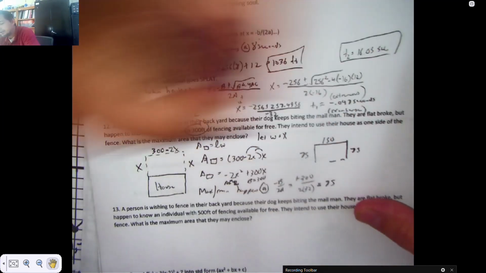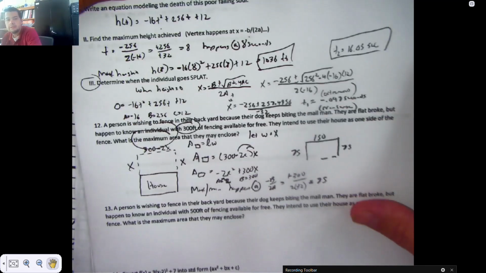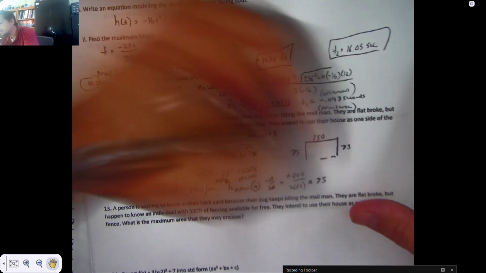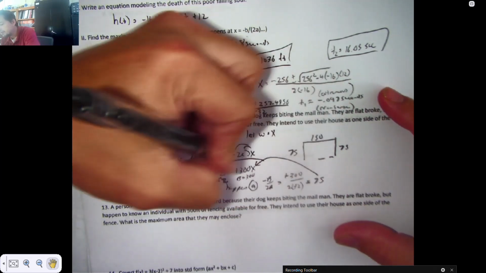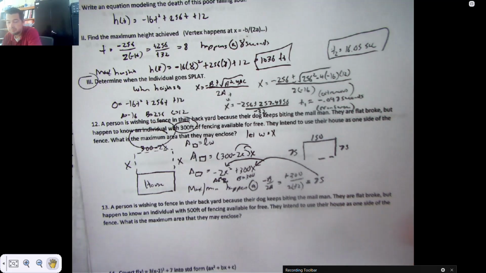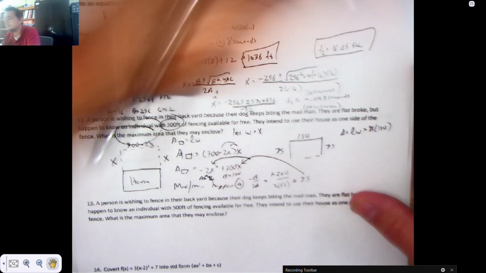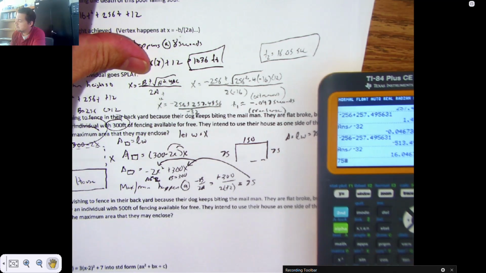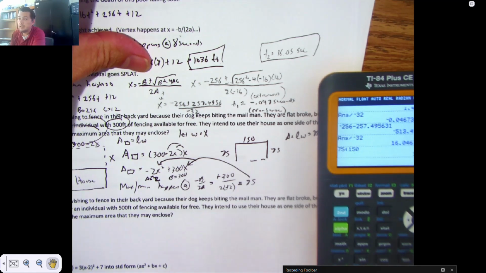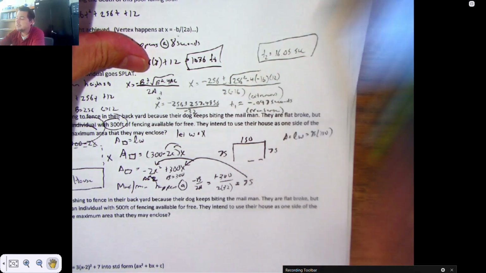Now, I want to know what the maximum area they had to enclose was. I can do this one of two ways. I can put that x value there, or I can just look at my pretty little picture. Doesn't matter. But area is length times width, so it's 75 times 150, which is 11,250 square foot.